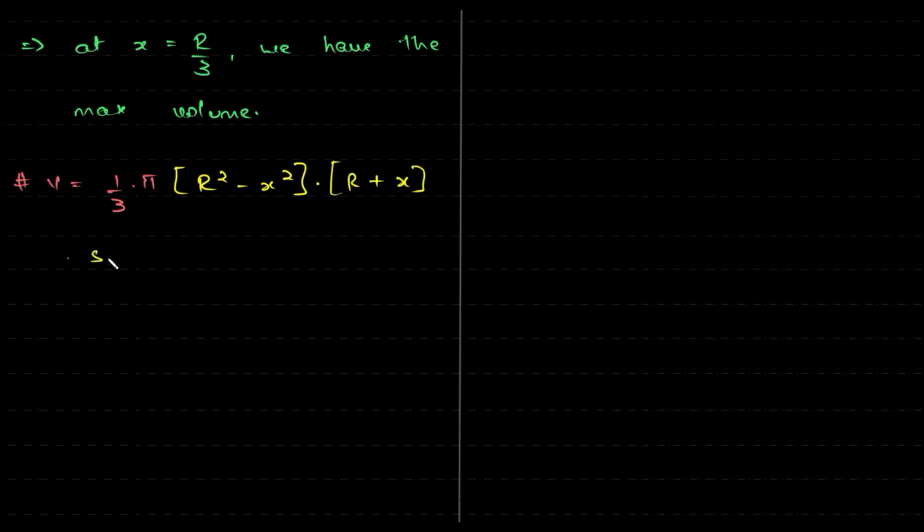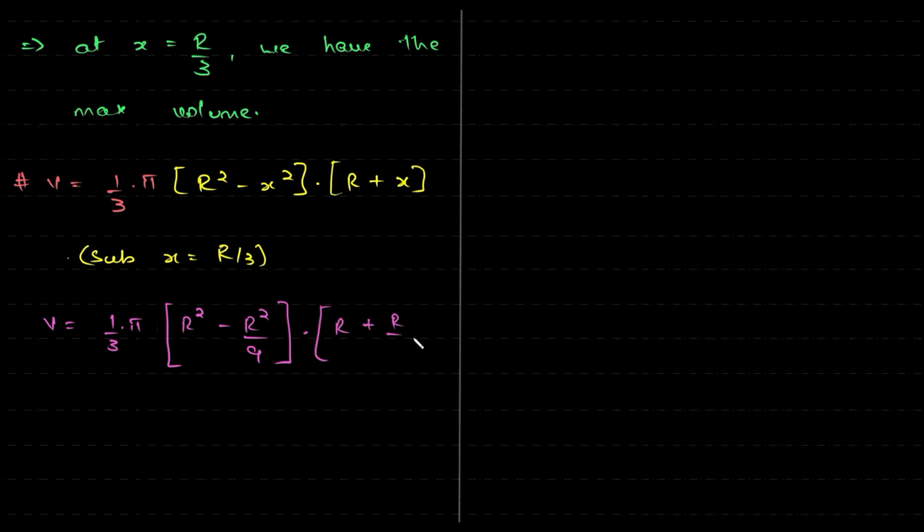So substituting x is equal to r by 3, we have v is equal to 1 by 3 pi times r square minus r square by 9, into r plus r by 3. So a bit of simplification and we have the answer.